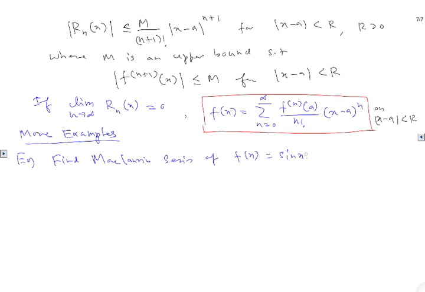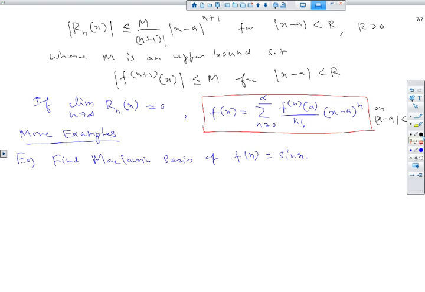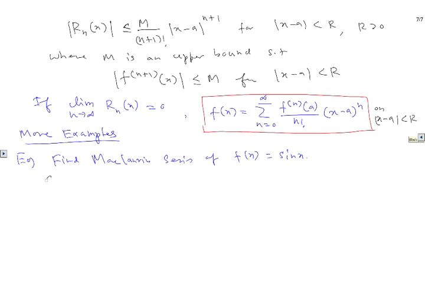Maclaurin series means a equals 0. So we start with f(x), which is sin x, evaluated at 0. That is sin 0, which is 0. Then take the derivative, which is cos x evaluated at 0, so cos 0, which is 1.